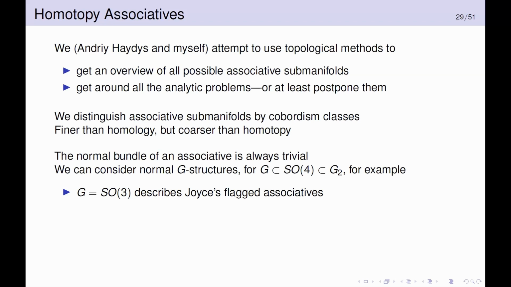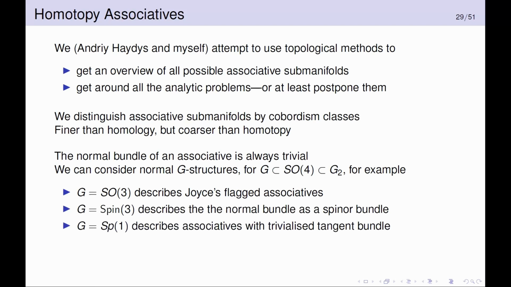Here are examples. If you take SO(3), that means that you basically fix a non-vanishing normal vector field. That's something that Joyce does, and he calls this a flat associative. And we will see that we can say something from our point of view about choosing SO(3) normal structures. We could also take one of the two copies of Spin(3) inside SO(4), and note that the way SO(4) embeds into G2, these two embeddings of Spin(3) are totally different.